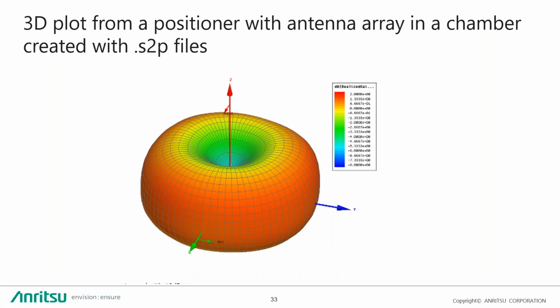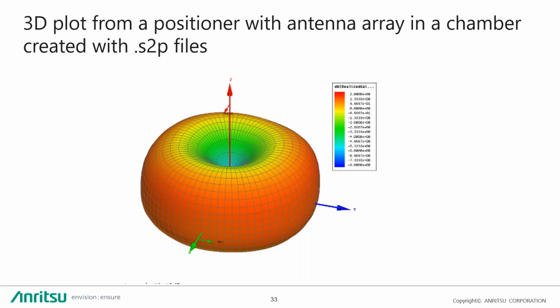Then, of course, there are times when you may want to have a 3D representation of your antenna, and that is achieved with a vector network analyzer as well. And what happens is you have the antenna in a fixed position, and most of the time you have a robotic arm within a chamber, and that robotic arm will travel to different coordinates in a circle entirely around the antenna.